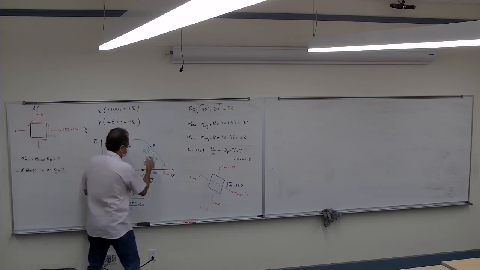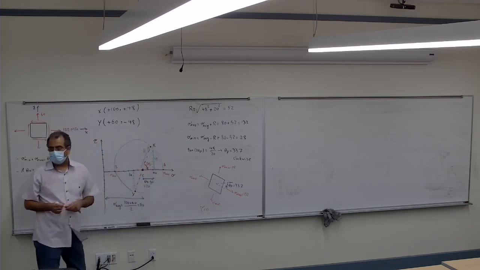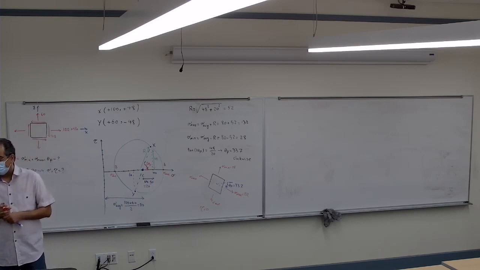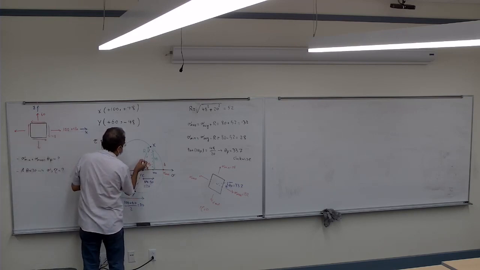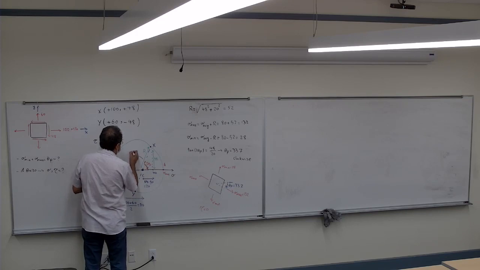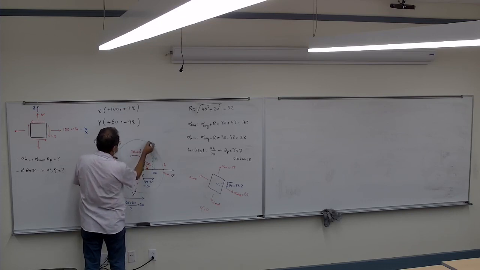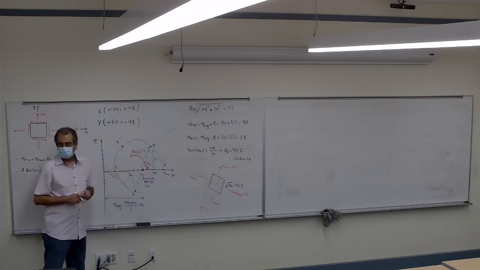So I'm going to rotate 60 degrees from there to get to the X prime. I don't know where it's going to be, but assume 2 theta is 60 degrees, and I get to the X prime at that point.